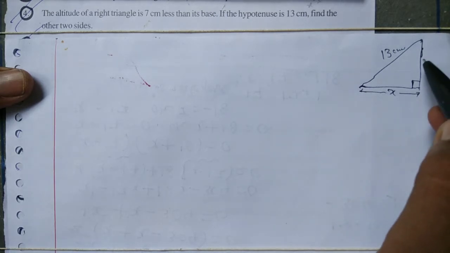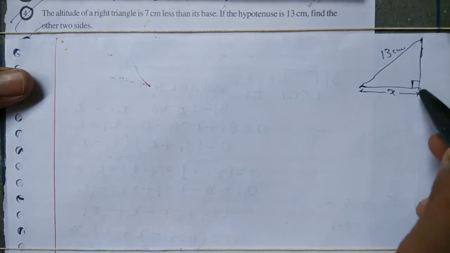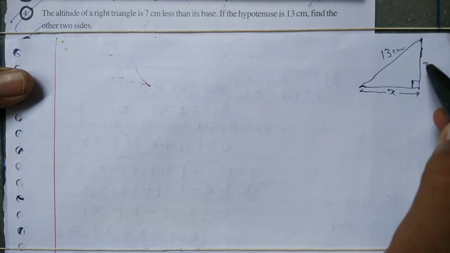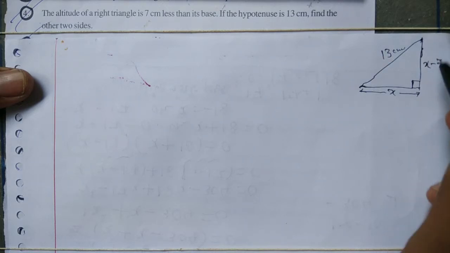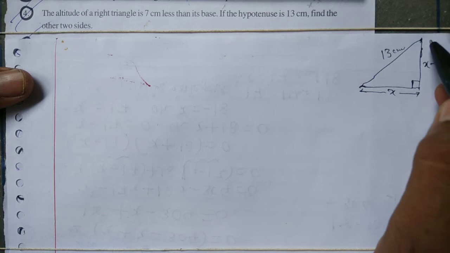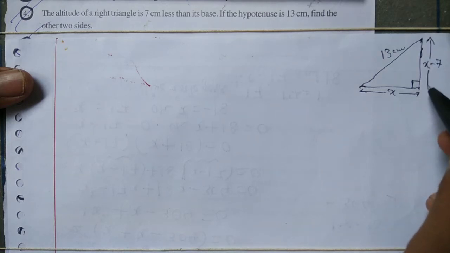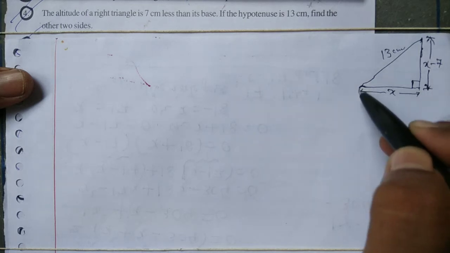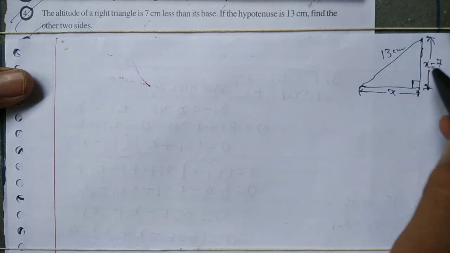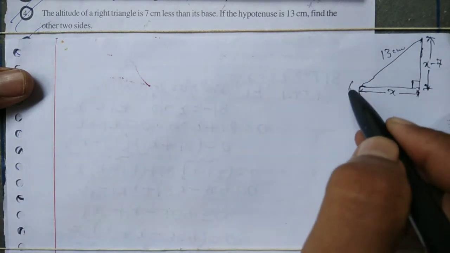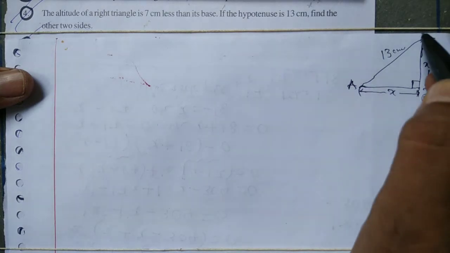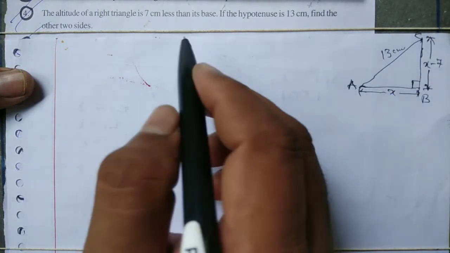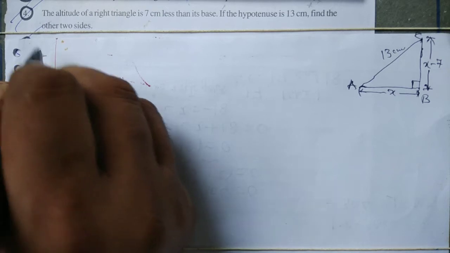Then its altitude, the height, is x minus 7. So this is the rough diagram for this problem. A, B, C. Fourth solution.